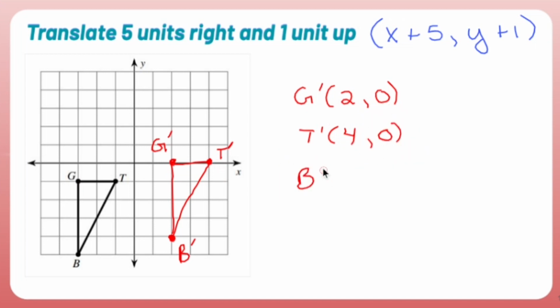And B prime has me starting at the origin, go right 1, 2, go down 1, 2, 3, 4. So right 2, down 4 is 2, negative 4, and those are the points of my image. So again, translating says, let's just move a shape, don't do anything fancy. When I'm done, if you have to list out the points, there they are. Pretty simple.